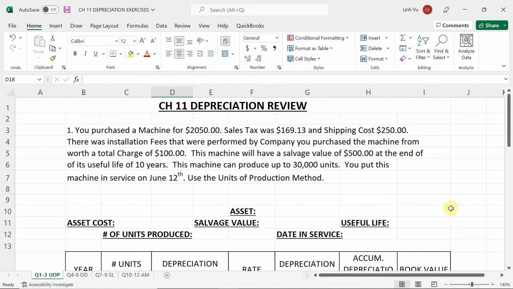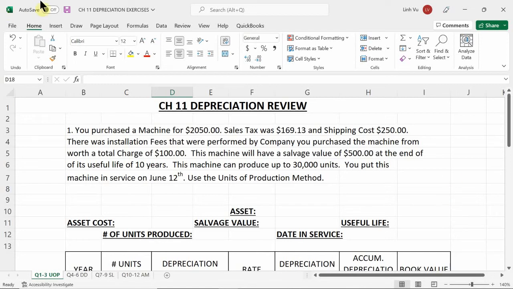And this machine will have a salvage value of $500 at the end of its useful life of 10 years. All right, and this machine can produce up to 30,000 units, and you put this machine into service on June 12th. Okay, use the units of production method.